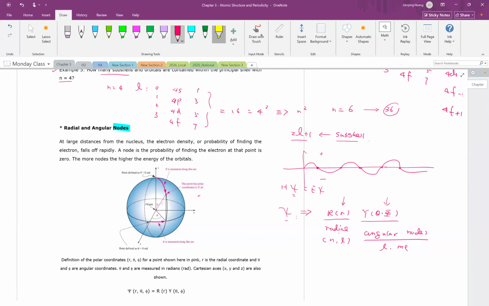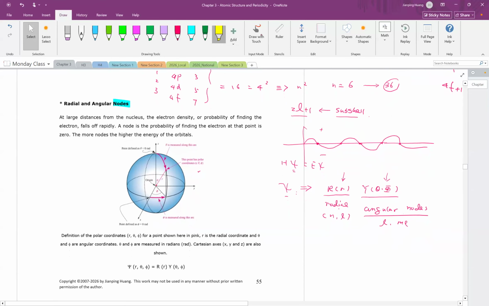And the angular nodes, the total nodes equal n minus 1. Total nodes is n minus 1. And radial nodes equal n minus L minus 1.